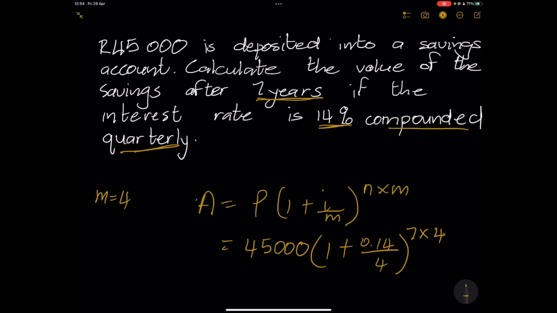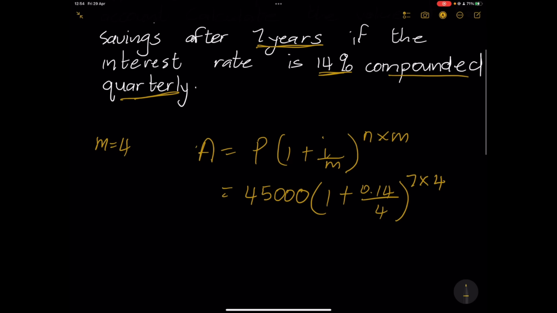So that's 0.14 over 4, to the power 7 times 4, and I get an amount of 117,907.74.